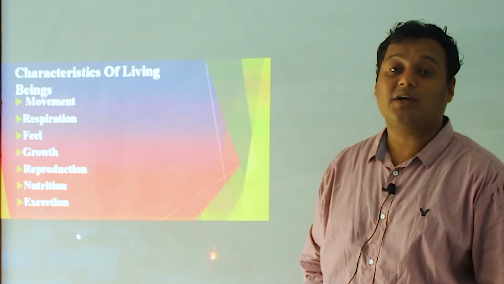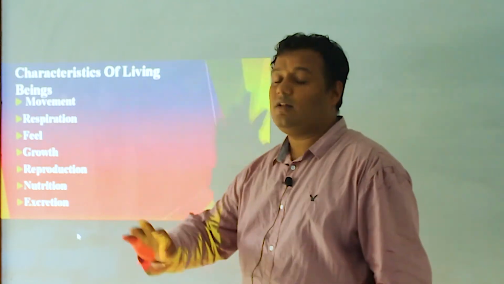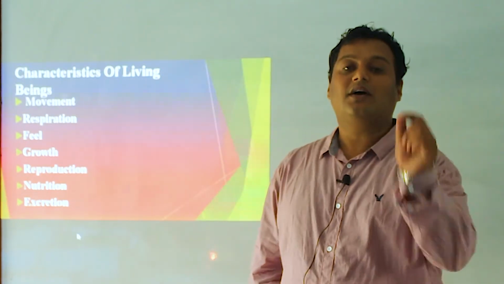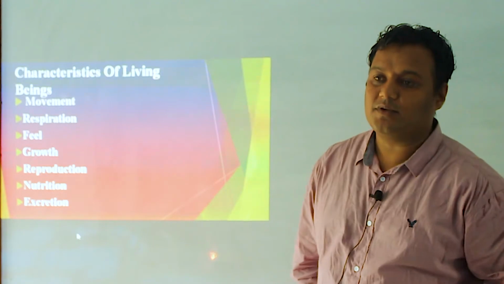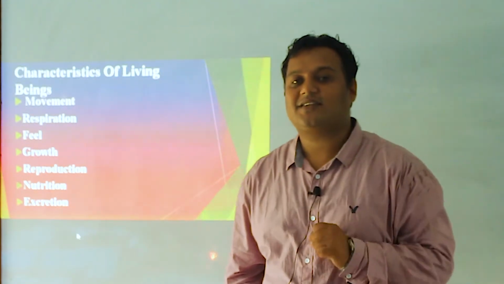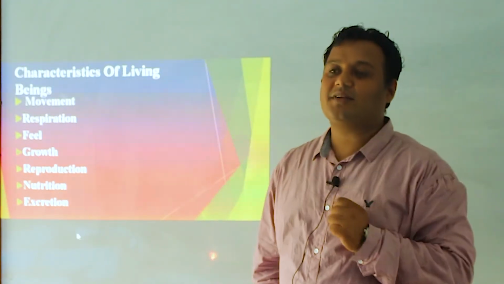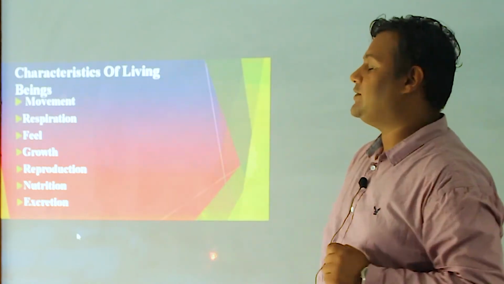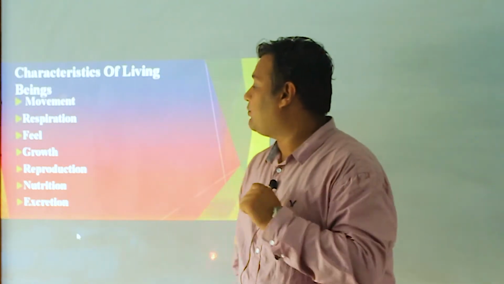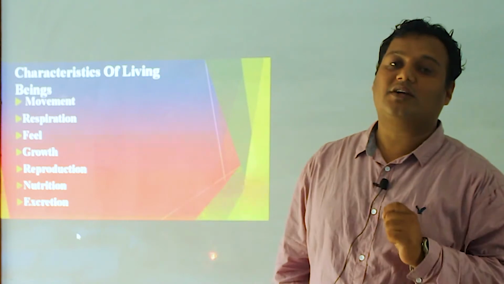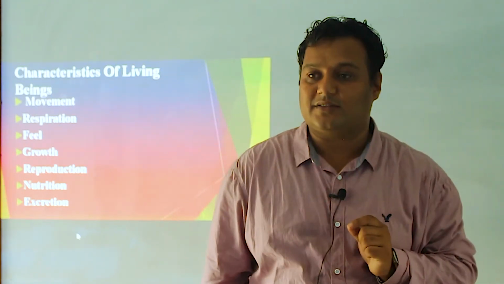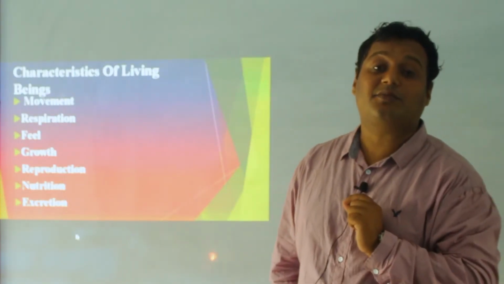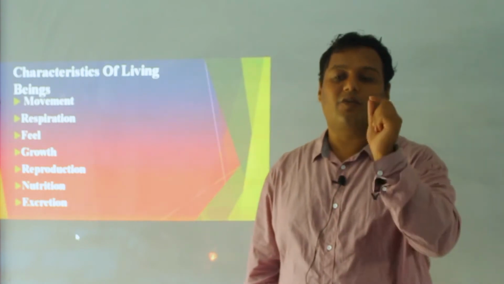All animals in the world depend on plants for food. Now, plant is also a living thing. How does it get food? A plant has a special thing in its body, that is chlorophyll.